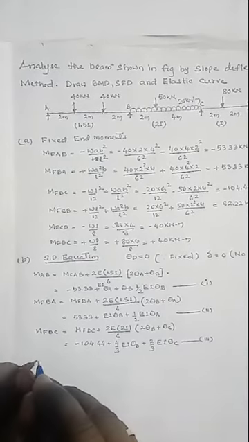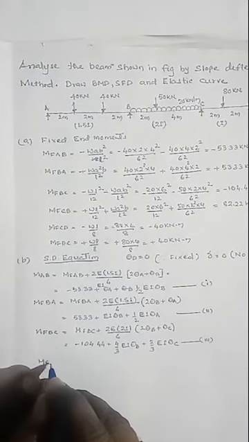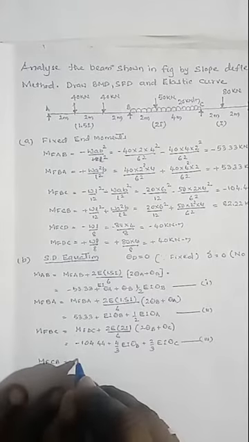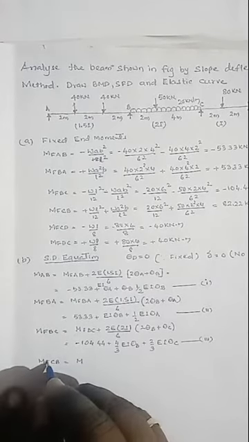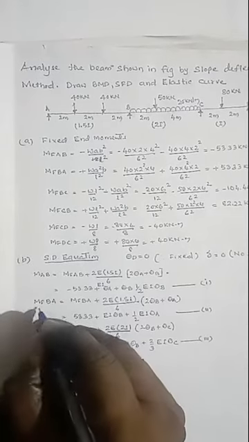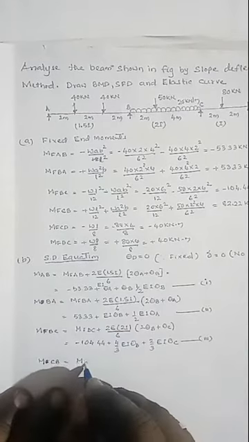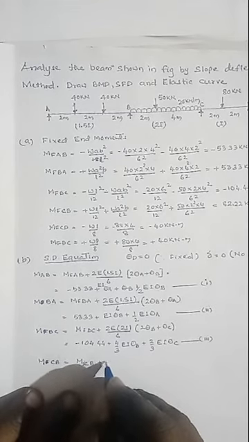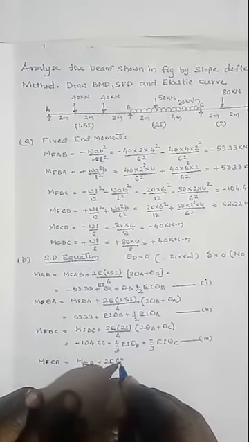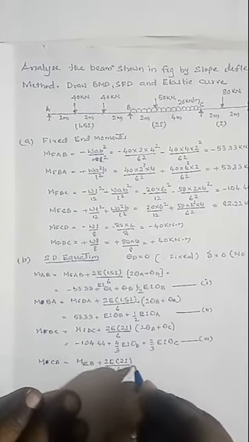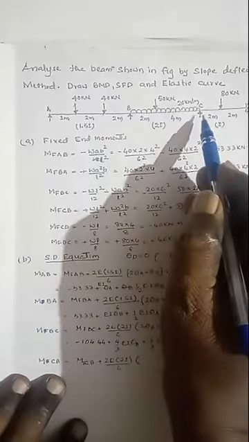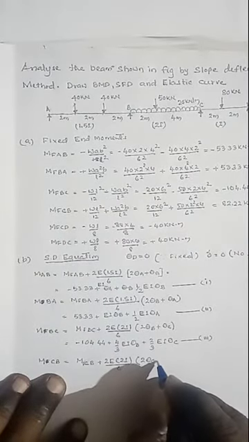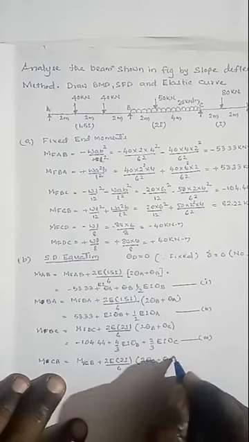Similarly for the same span from the opposite end, from C, MCB equals MFCB, the fixed end moment, plus 2E 2I by L, where L is 6 meter, inside the bracket. Calculating from end C, the near end is 2 times theta C plus theta B, no sinking.